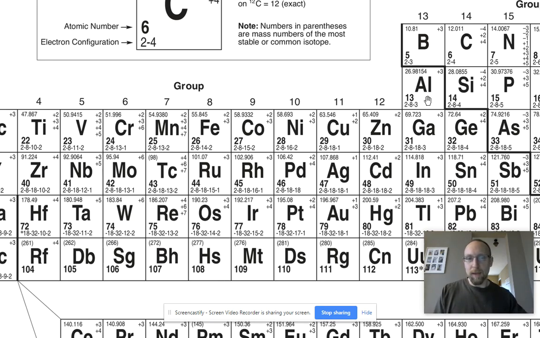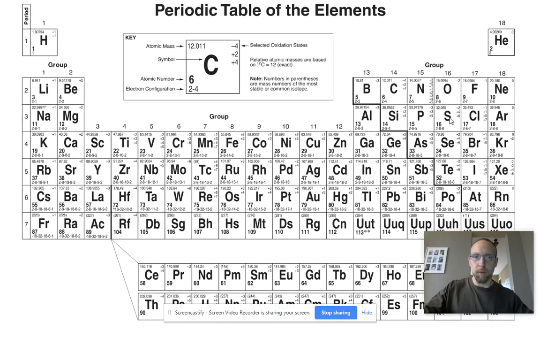So, and also what you want to remember is the rules that we just went over are expressed right here on the periodic table. So what did we go over? We said group 1s are always plus 1. So look in the top right here. All of the group 1 elements have plus 1 oxidation states. Group 2s, always plus 2.